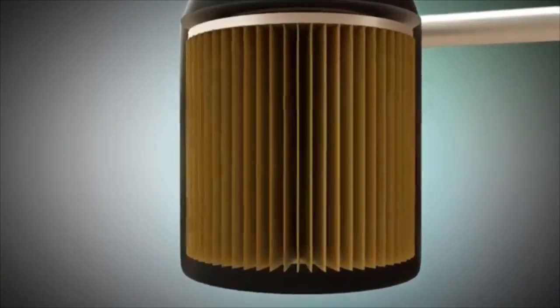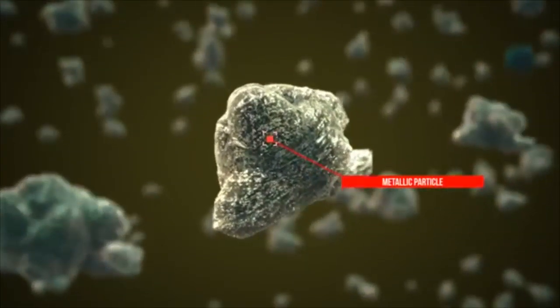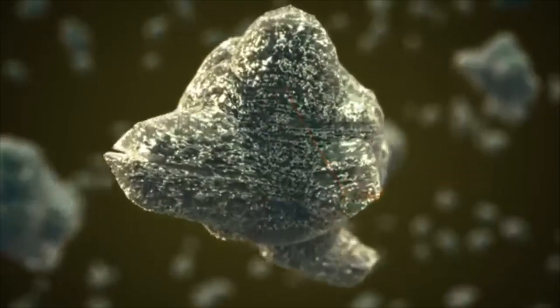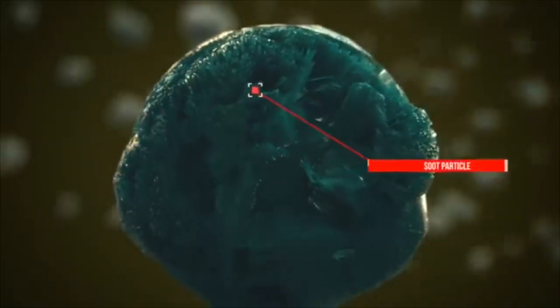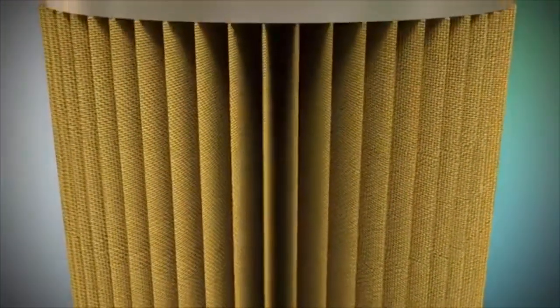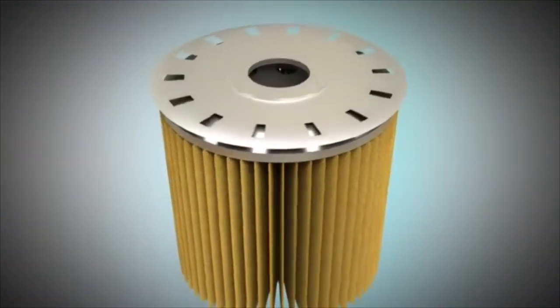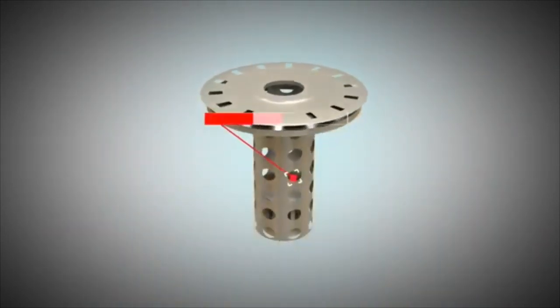Inside the oil filter is a filter that catches the particles in the oil and does not allow them to pass through to the engine. The oil flows from the outside into the oil filter, then runs through the filter, which is made invisible here, and flows through the center tube.